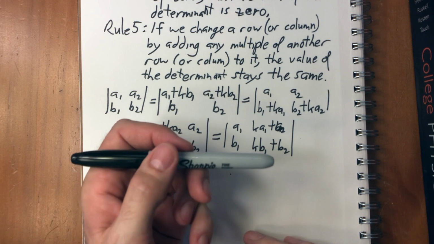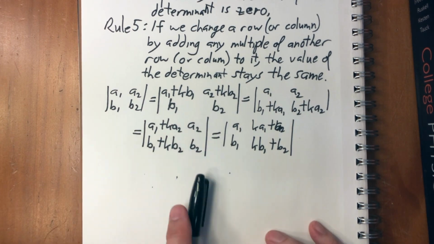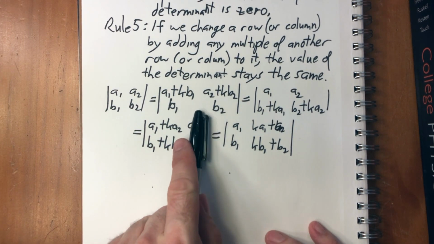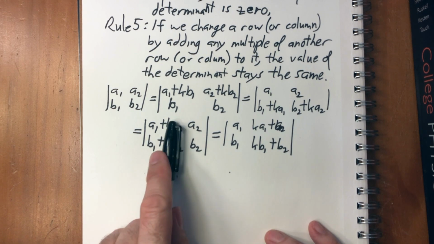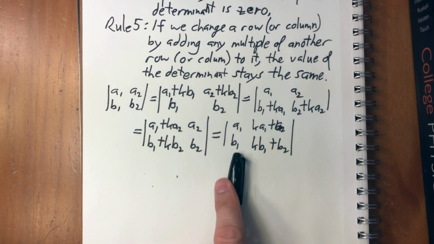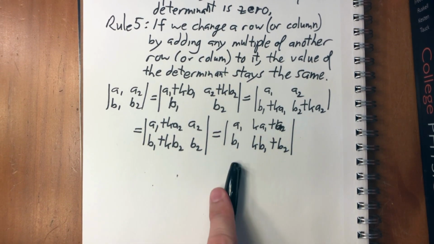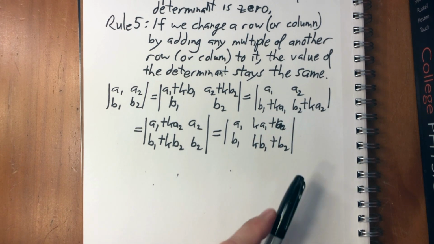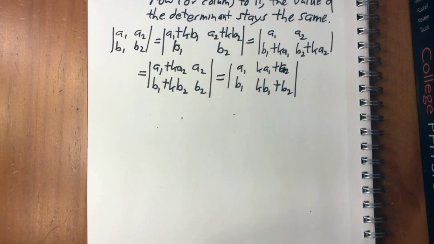And then we can add columns the same way. Here we add a multiple of A2, B2 to A1, B1. Here we add a multiple of A1, B1 to A2, B2. Okay, so this is just the generic way of saying what we learned in high school about solving systems of linear equations.